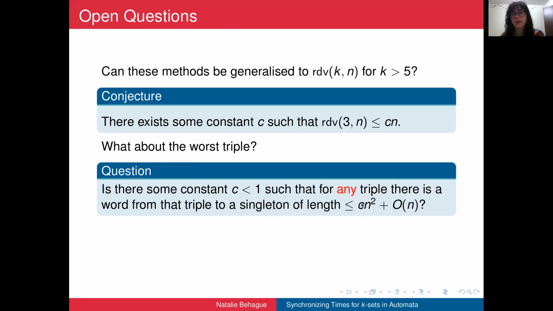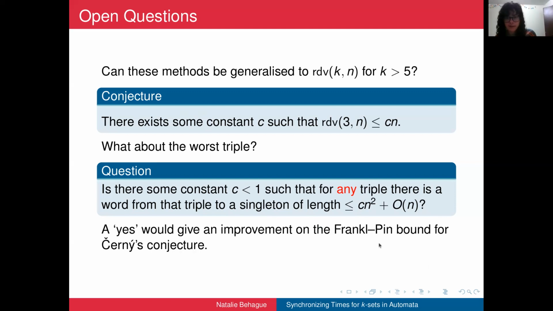So applying Frankel-Pin tells you can go from a triple to a pair in like n plus 1 choose 2 steps, and from a pair to a singleton in like n choose 2 steps. Or from a triple to a pair in n minus 1 choose 2 steps, from a pair to a singleton in n choose 2 steps, and that is like n squared steps. So if you could, considering now the worst triple, find some better constant than 1, any improvement on that constant would let you instantly ramp it up to get an improvement on the Frankel-Pin bound, at least an improvement on the n cubed over 6 for Cherney's conjecture.